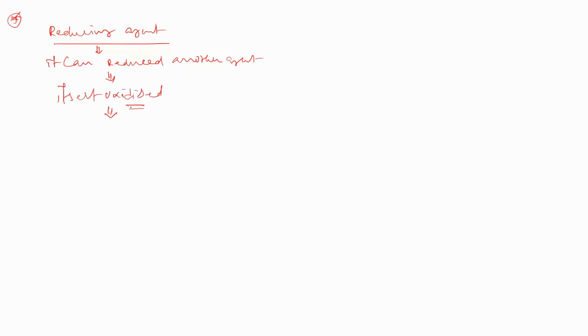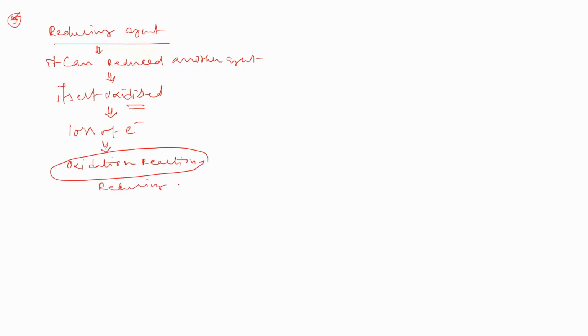So it itself oxidized means loss of electrons means oxidation reaction. So an oxidation reaction means reducing agent. So just remember that where the oxidation reaction is happening, that means it is a reducing agent.